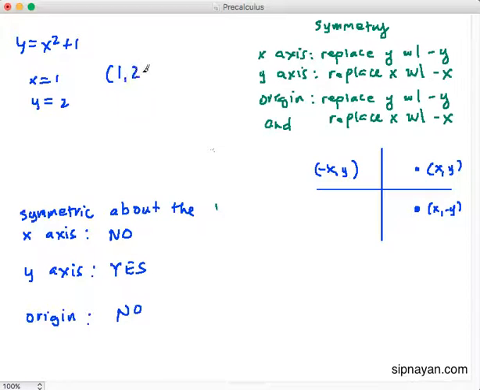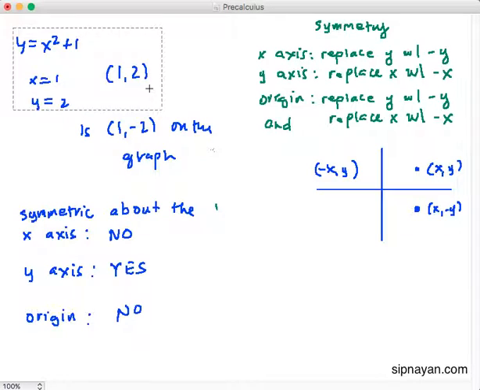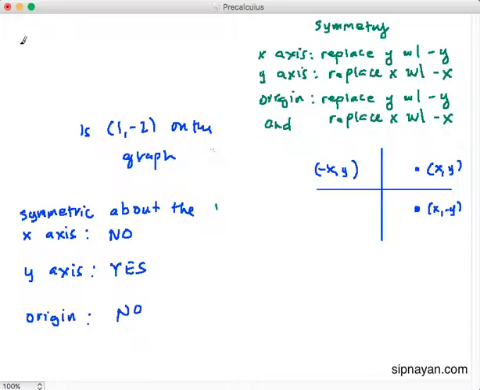So 1, 2 is on the graph of this equation. To test, you can check if 1, negative 2 is also on the graph. Now, the original equation is y equals x squared plus 1.